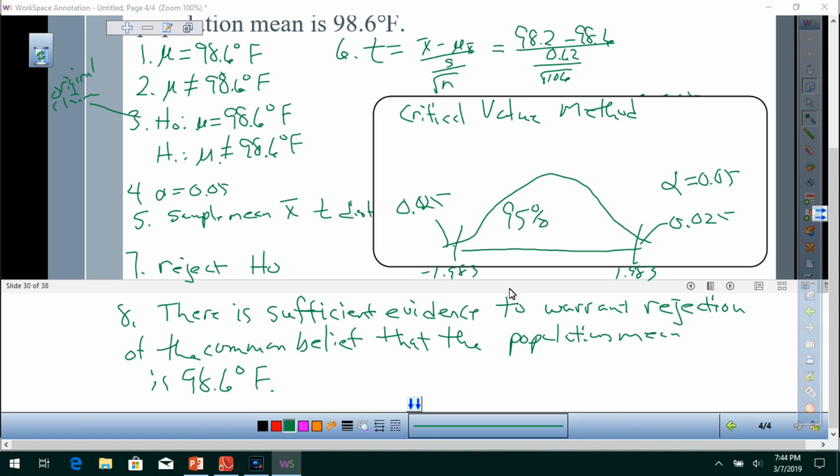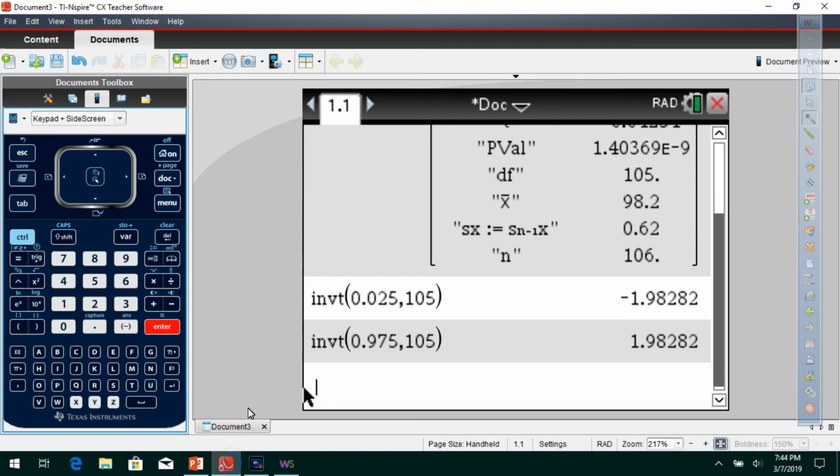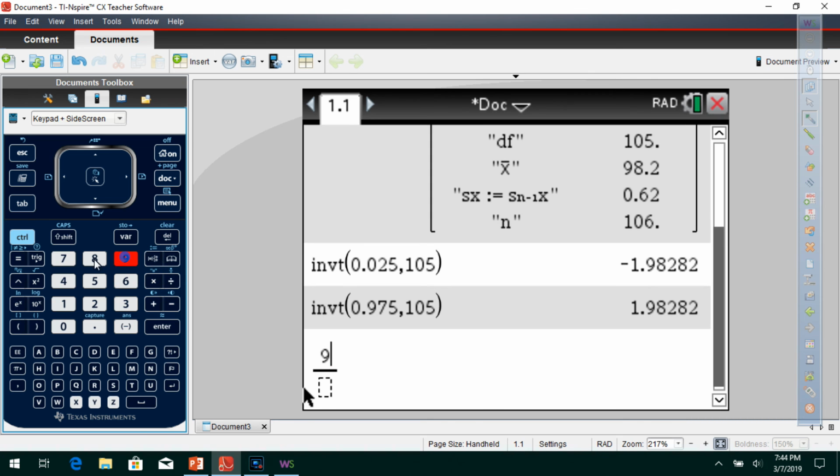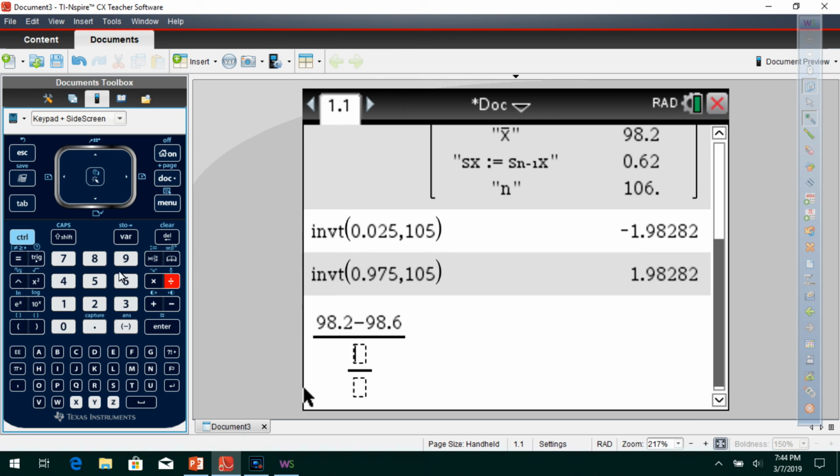All right. Now we need to calculate our t value. And we got that right there. And let's see here. We've got control divide. We got 98.2 minus 98.6. Control divide. And we got 0.62.